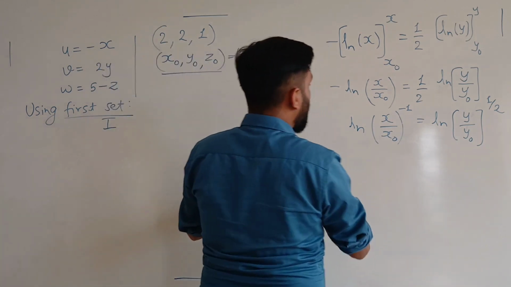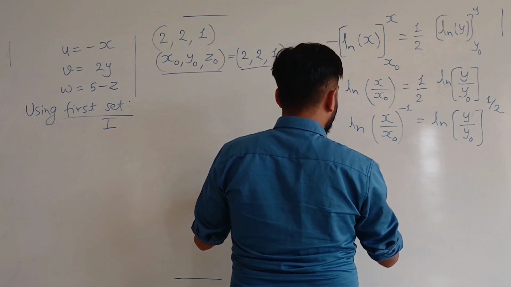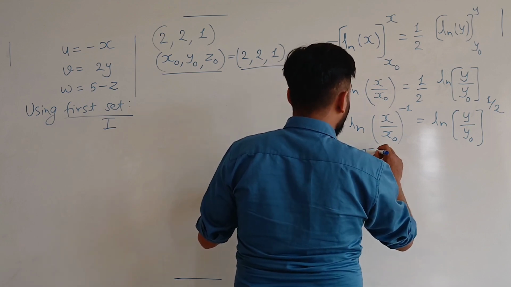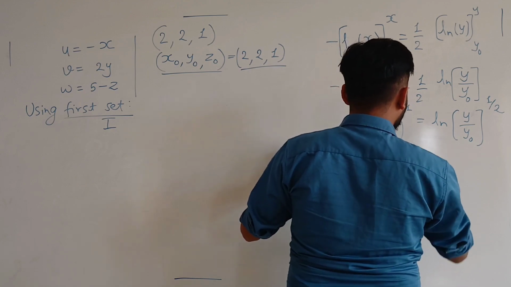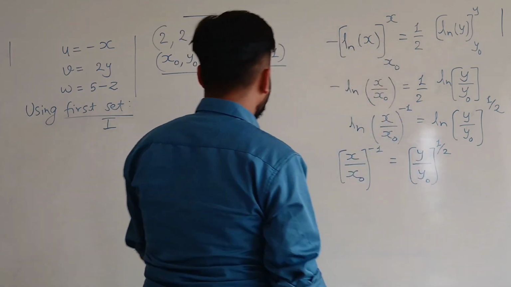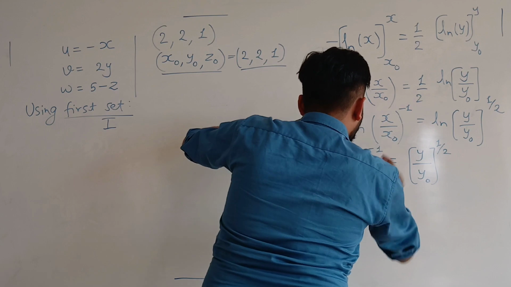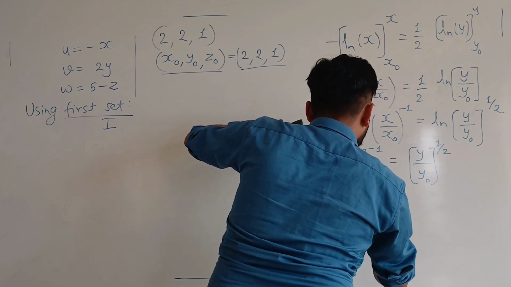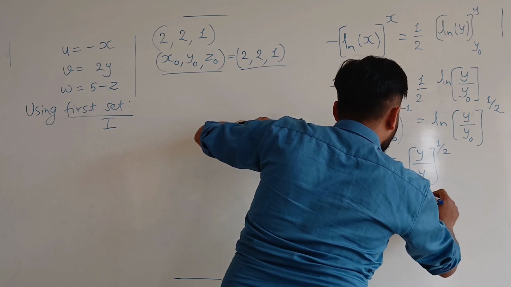I can easily find the equation: x divided by x naught, whole power minus 1, is equal to y divided by y naught, whole power 1 divided by 2. Now it is inverted because of the minus 1, so x naught divided by x is equal to y divided by y naught, whole power 1 divided by 2.